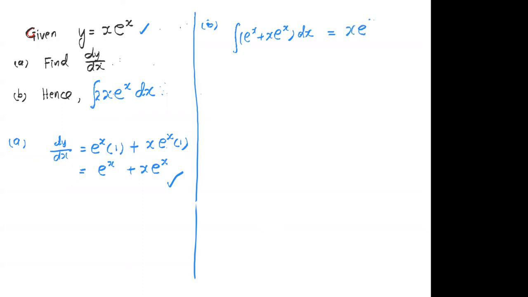Every time when I do math, I always talk to myself. Now, my dy dx has 2 terms there, so I can separate them. I do step by step. I can separate them. See?